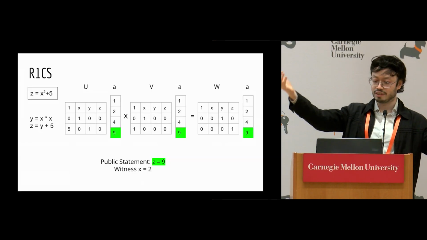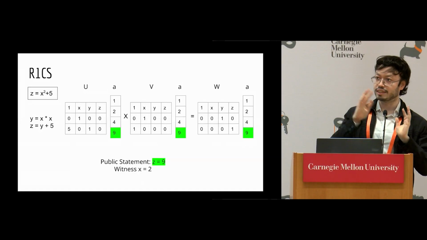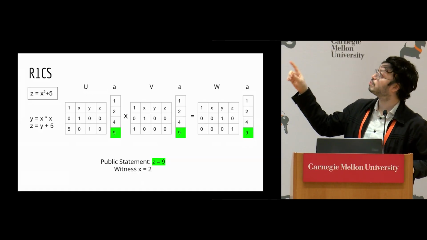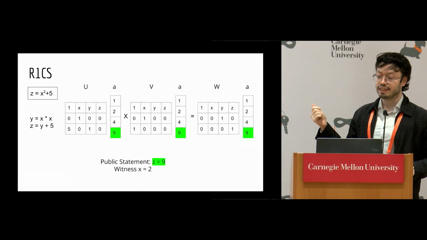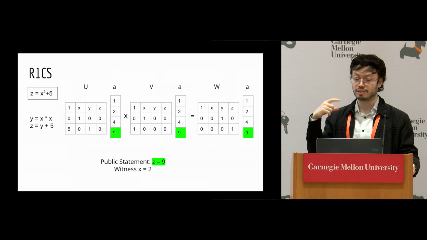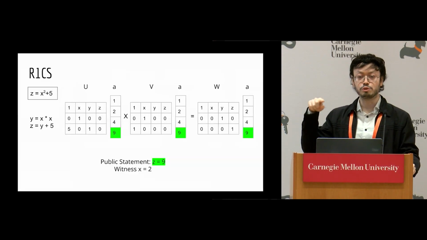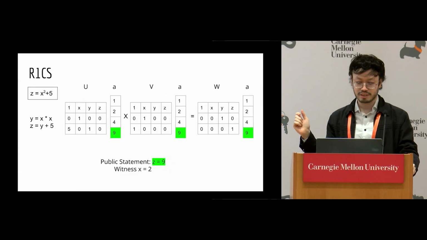So the circuit is essentially expressed as 3 matrices, U, V, and W. And then the circuit is satisfied if you can demonstrate a vector A such that UA entry-wise product with VA gives you WA, okay?